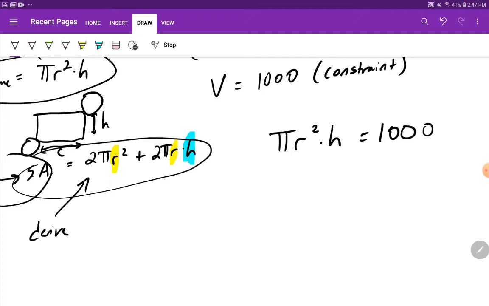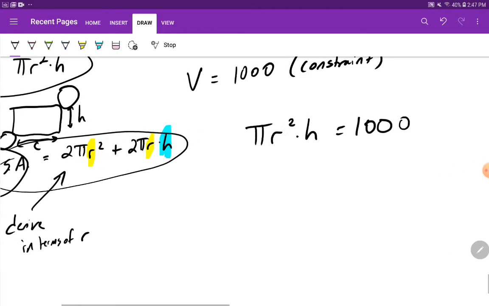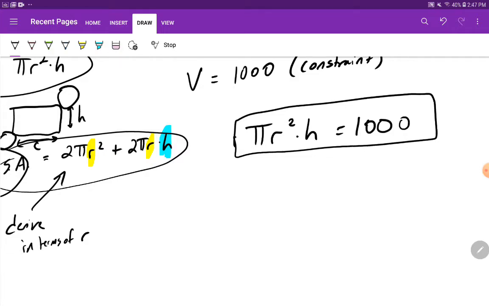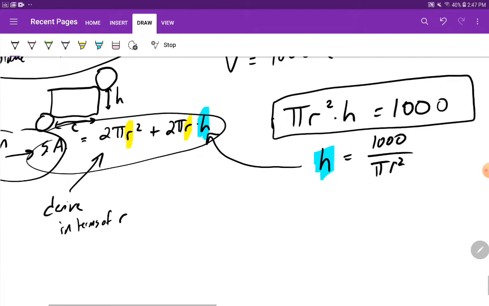It needs to be in terms of one, right? We want to derive in terms of r. So we're going to come up with an expression using this guy right here, so that we can plug in for h. So that means we have to solve for h here. So h is going to be 1,000 over pi r squared. And we're going to plug this h into here so that we have a function.